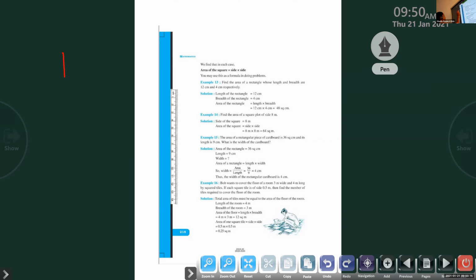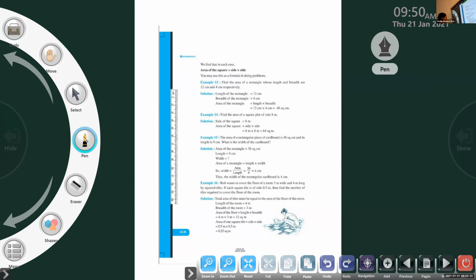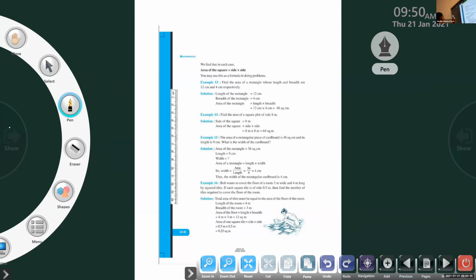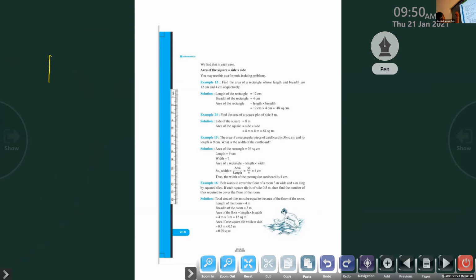Okay, children, now look at the board. Suppose there is a floor like this. It is a rectangular floor, 5 meter and 3 meter length.